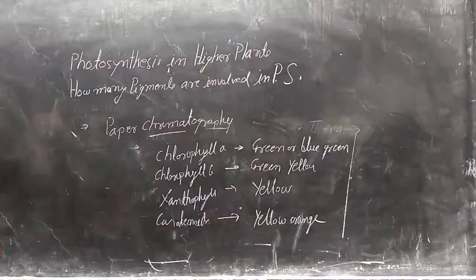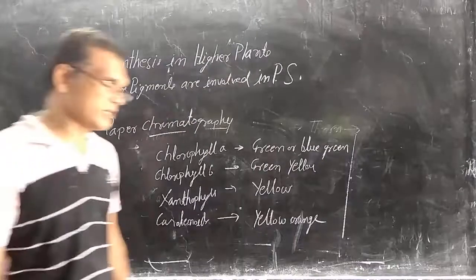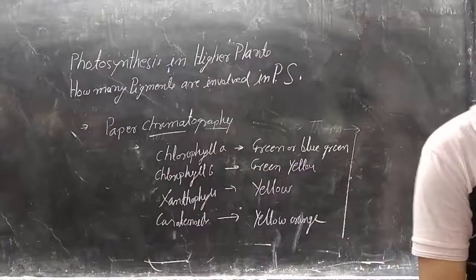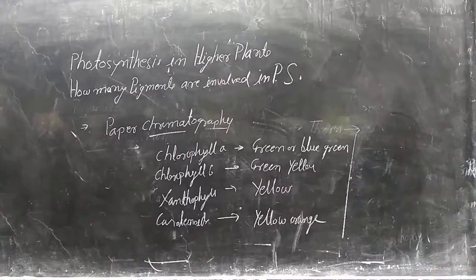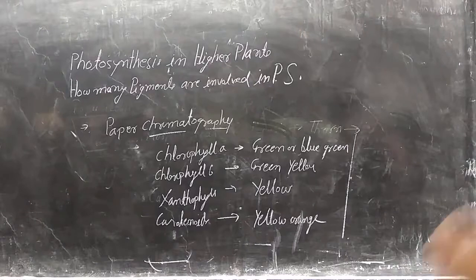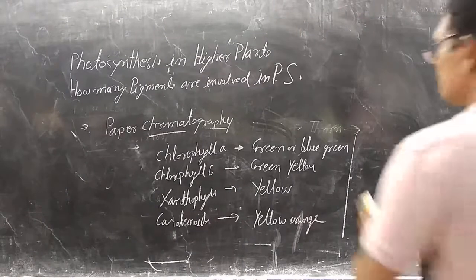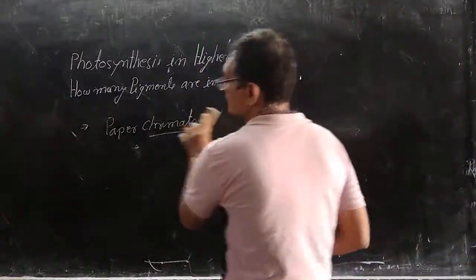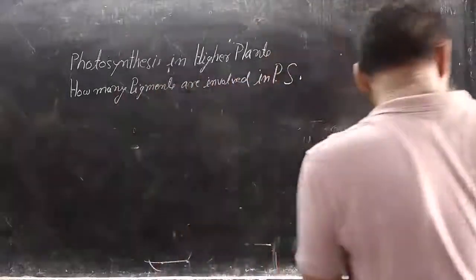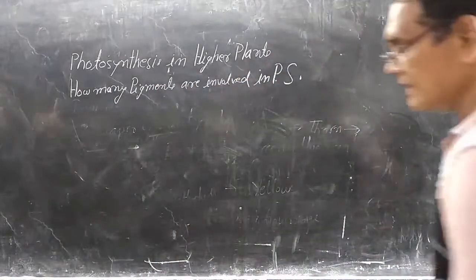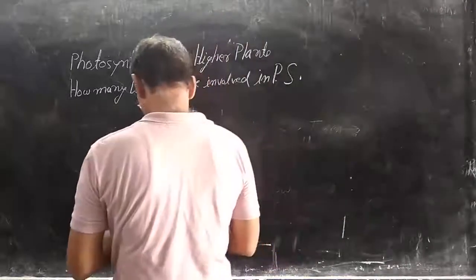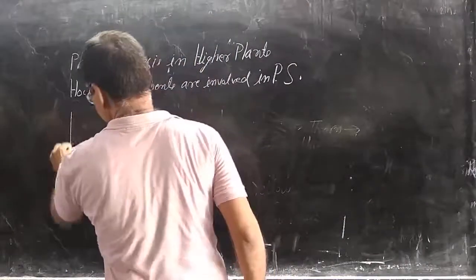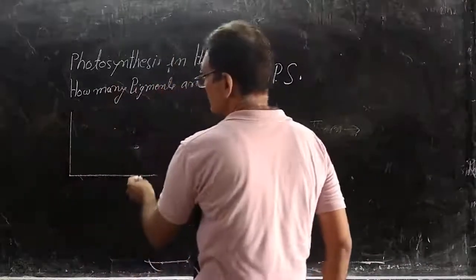If we do the experiment of light absorption, which wavelength of sunlight is absorbed by the particular types of pigments, and in which wavelength of sunlight the maximum photosynthesis is there. If we plot the graph between the wavelength of sunlight and light absorption, suppose this is the graph here.